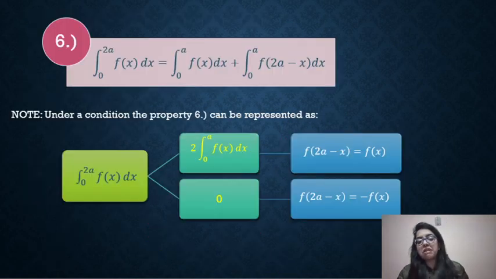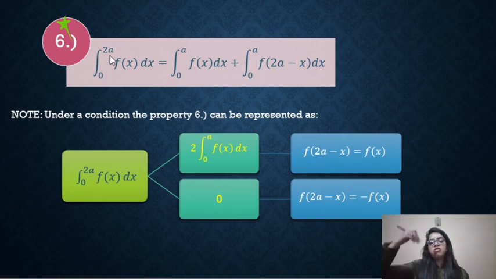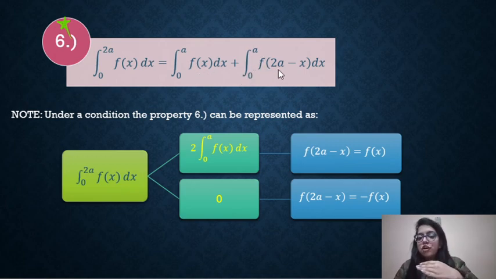Let's move to property 6, again a very important property. The integral from 0 to 2a of f(x) dx is equal to the integral from 0 to a of f(x) dx plus the integral from 0 to a of f(2a minus x) dx. Okay, this a is over the limit.